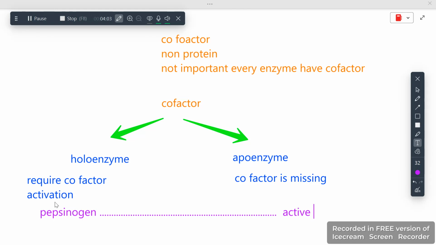So holoenzyme was when there is a requirement of cofactor for the activation. If I take pepsinogen, when it activates without any cofactor, that would be the example of apoenzyme.